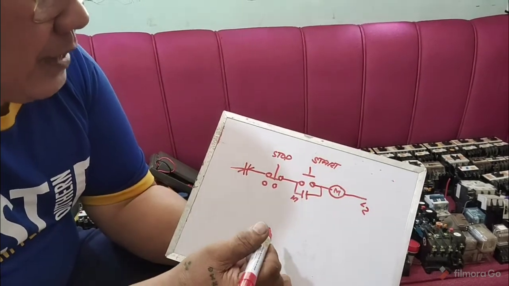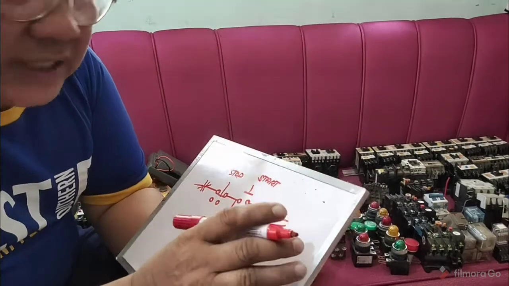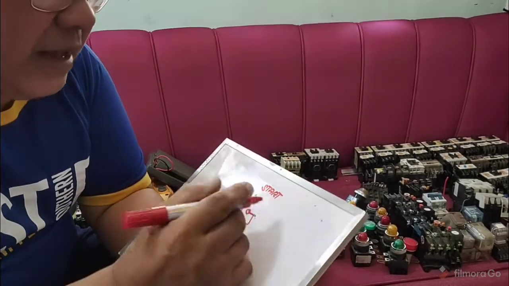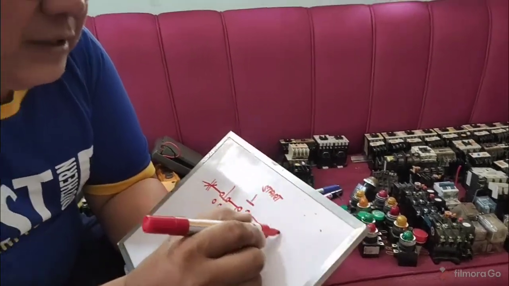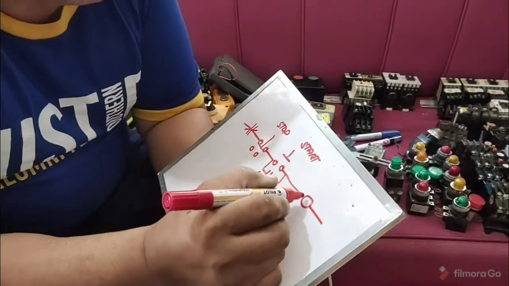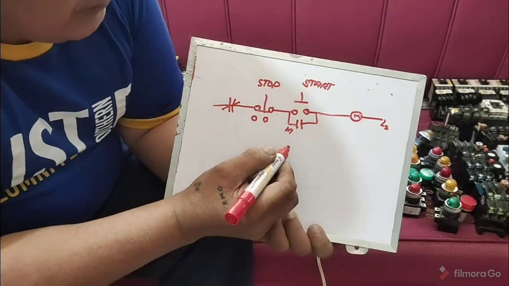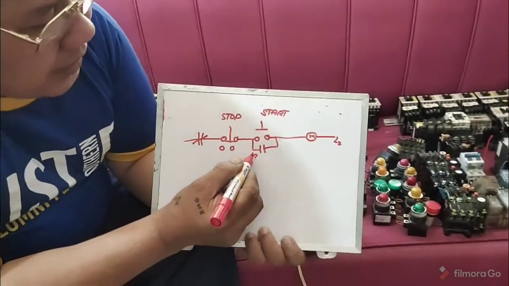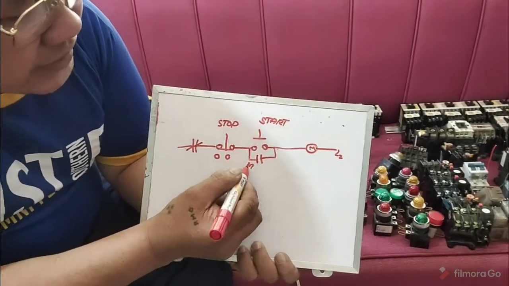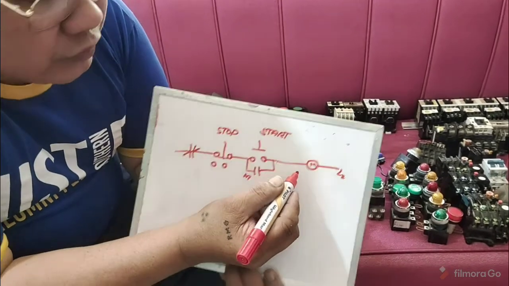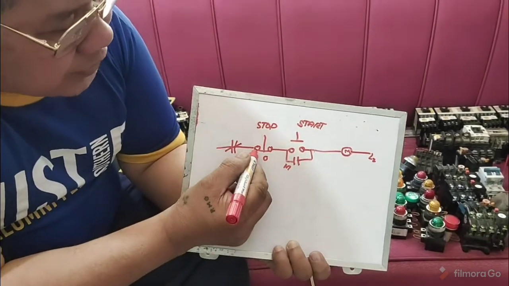Okay? Now, how about the control circuit, I mean the dynamic brake? Okay? So we have here M. You have your M, this maintaining contact is taken from the main contactor. Then you will place a jumper here.